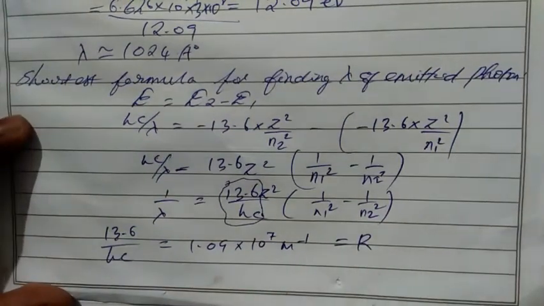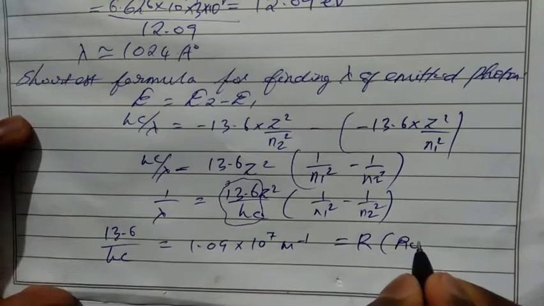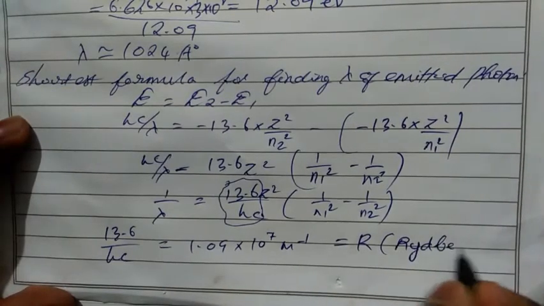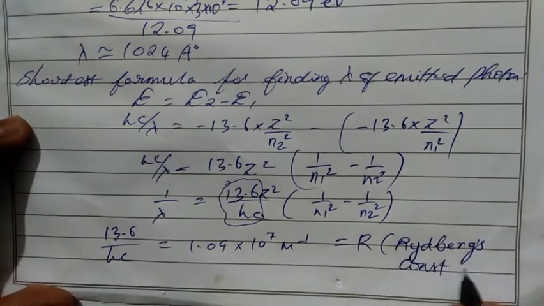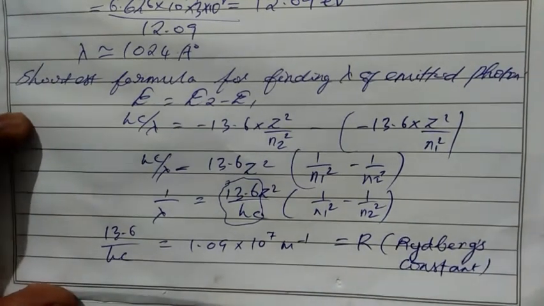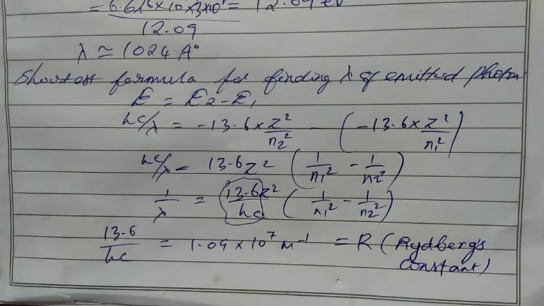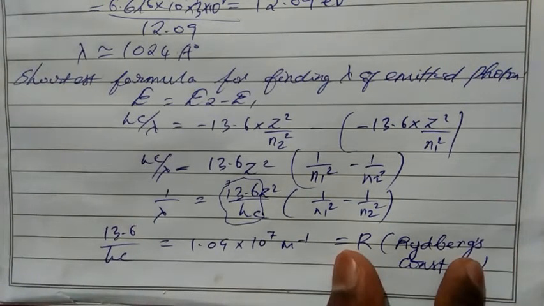Capital R means Rydberg's constant. You need not memorize this value because it is given in the question paper. You just remember Rydberg's constant. This is the derivation of the Rydberg constant. Then substitute the value of the Rydberg constant here.